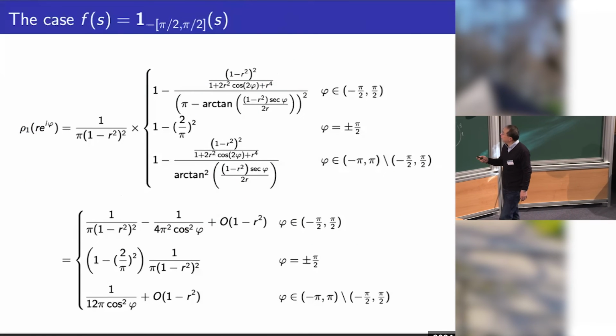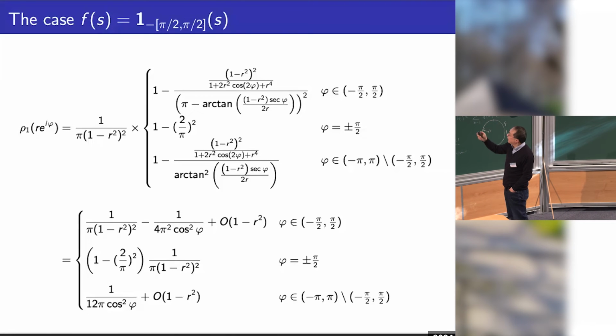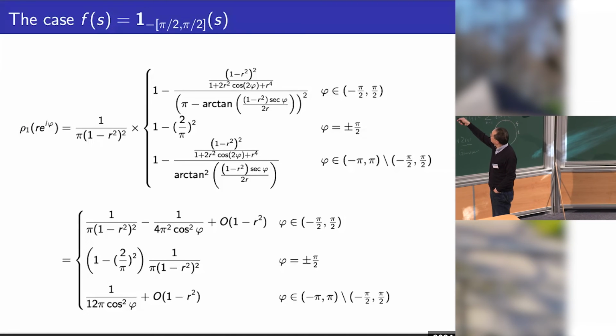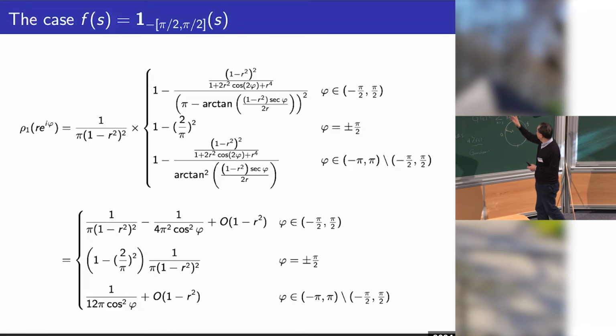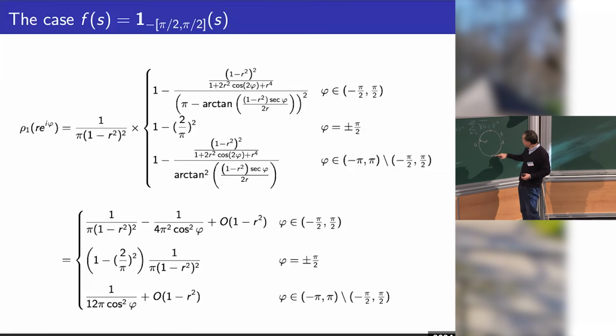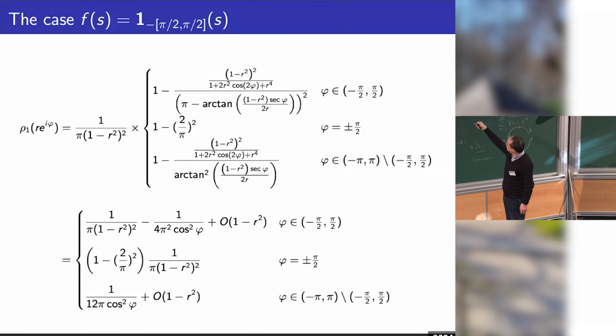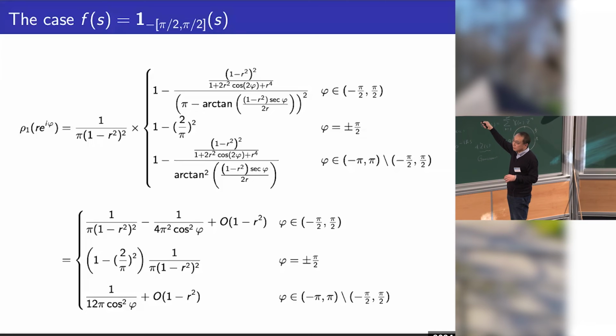Actually, in this case, we can compute everything like this, and the asymptotics is given like this. For phi the angle on this boundary, the density is something like this. This part corresponds to i.i.d., and this part is an error term, but this is order 1.